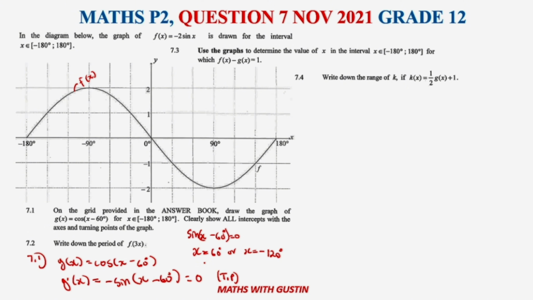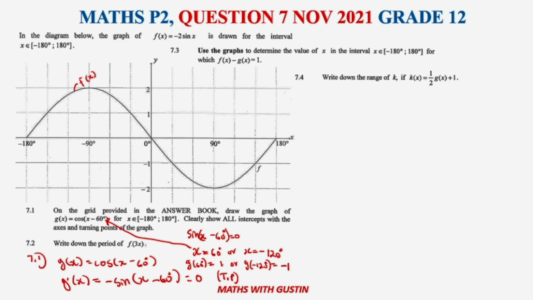Now if we substitute this 60 into our original equation, we can punch that into our calculator. If you put in 60, g(x) gives us 1. If we put in -120, we get a value of, let me just check on my calculator, -1. So these are the turning points in this case.